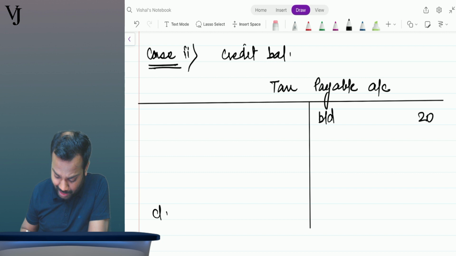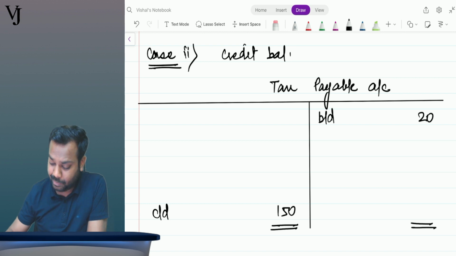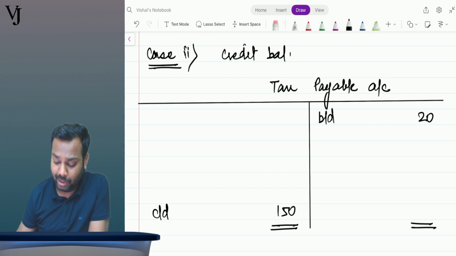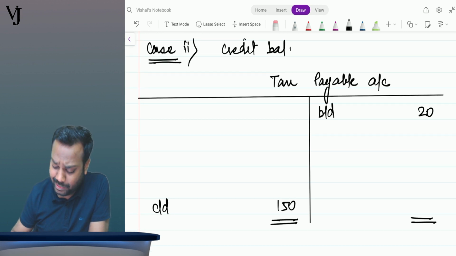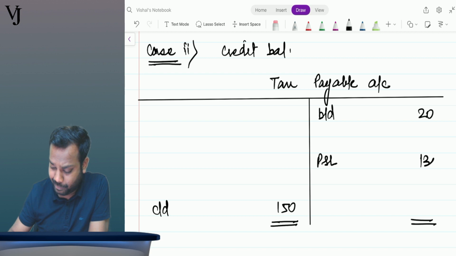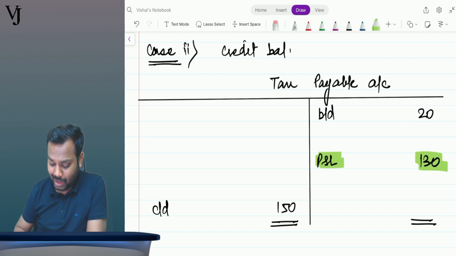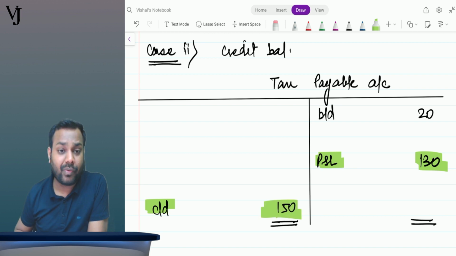Now tell me how much I need in the closing balance. I need 150 because that's the tax payable for the current year. Now tell me, what is the amount transferred to P&L? 130. So this is the amount to be transferred to P&L, and this is the amount to be recognized in the statement of financial position.